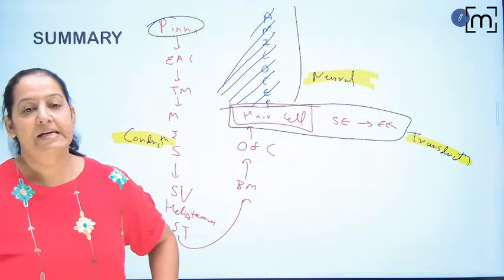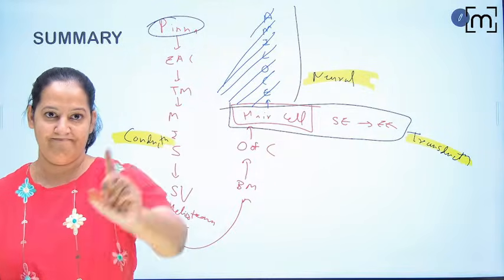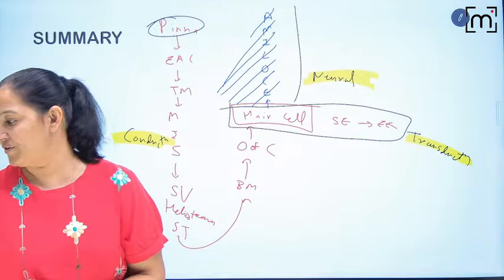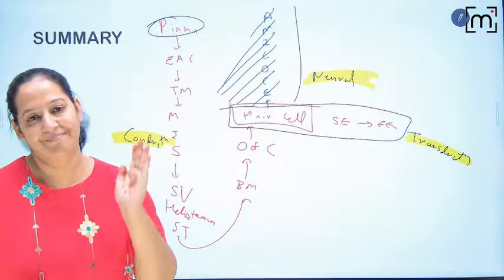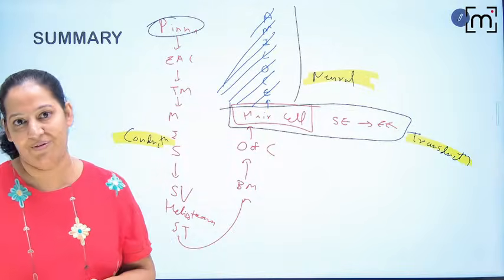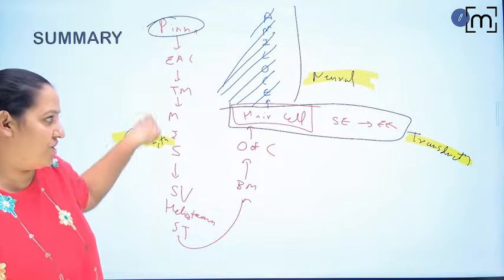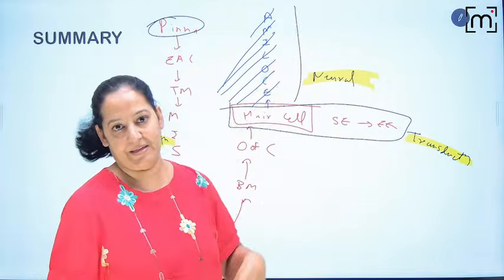At least I tried the complete physiology of hearing in one shot. Did you get it or not? This is how we hear, and not only hear, this is how we interpret sound. First conduction takes place, then transduction of energy, and then the neural pathway.